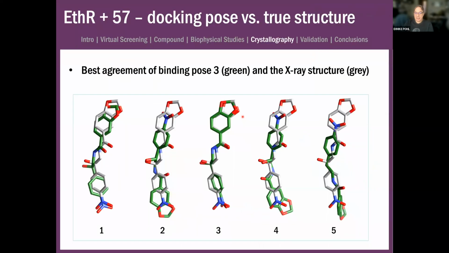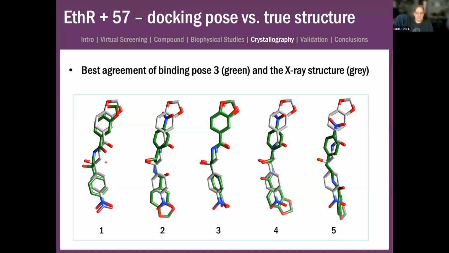And we've done this up here. This is basically a superposition of the best of the different binding poses with the X-ray structures. Remember, because we're using a genetic algorithm, we get 5 different binding poses for every single ligand, and they're sorted according to their score. And it turns out that the highest score is quite okay, maybe not perfect, but quite good.